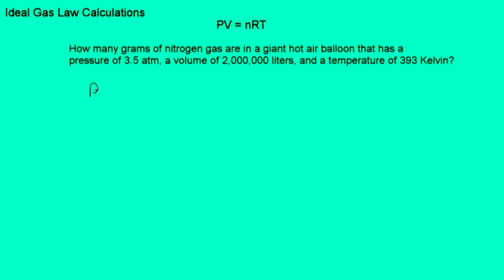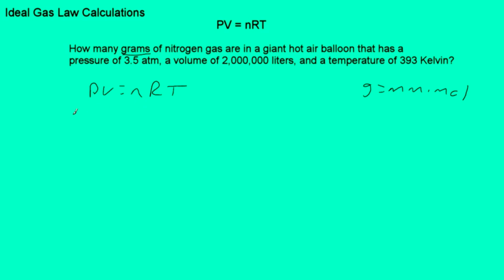So let's see what we got here. PV equals nRT. We're looking for grams, so this is probably going to have to do with the moles. Again, we're going to be using this somewhere along the line. We'll just write that down to keep track of it.